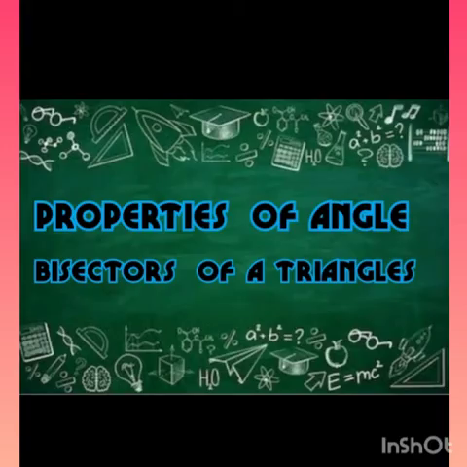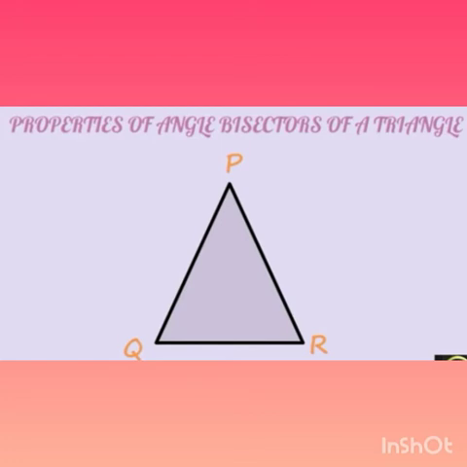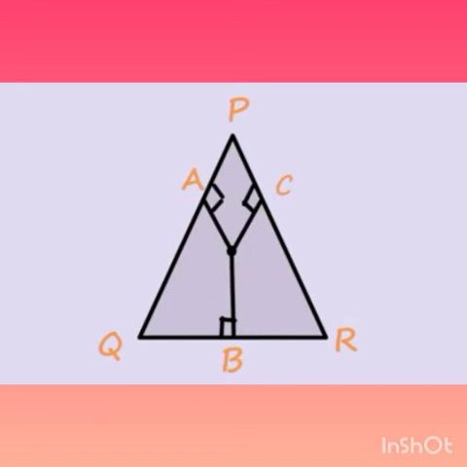Now we will learn properties of the angle bisectors of triangles. Draw a triangle PQR. Use a compass to draw the bisectors of all three angles. These three bisectors pass through the same point, that is, they are concurrent.